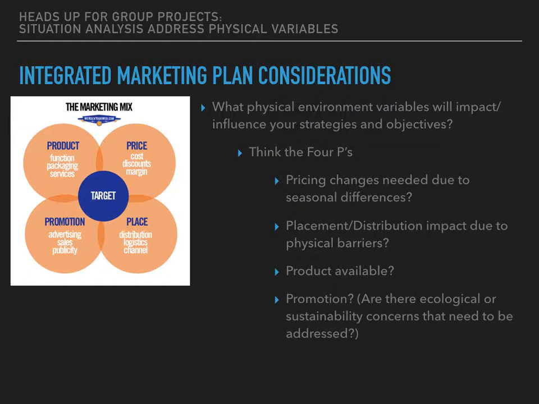So 4 questions you might consider if you're looking at the physical environment variable are listed here. What pricing changes may be needed due to seasonal differences within your target market or your target consumers? Placement and distribution concerns that may impact your product placement and or ability to deliver through logistical channels due to physical barriers.